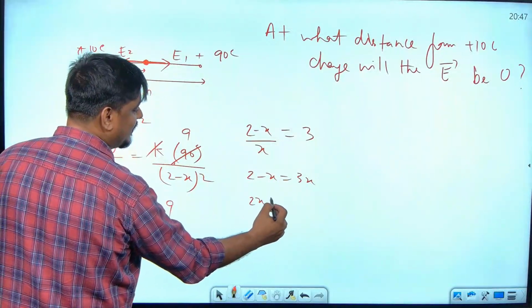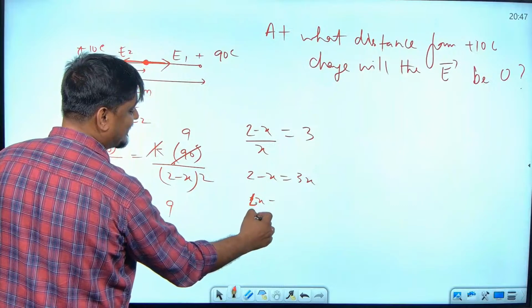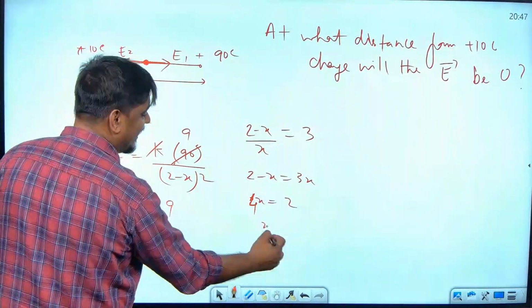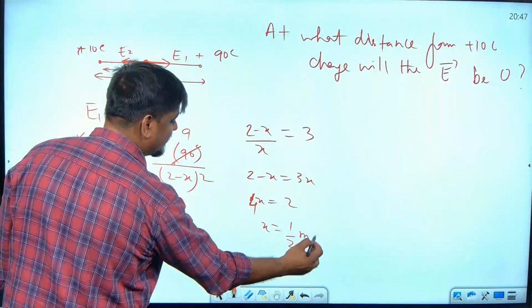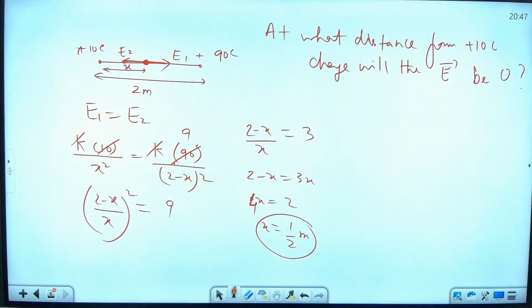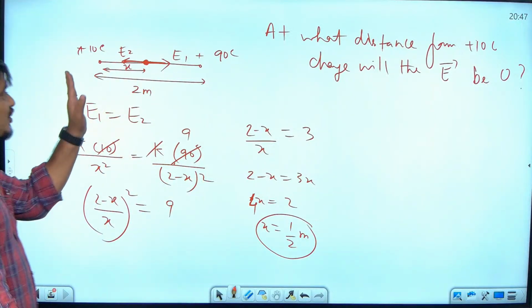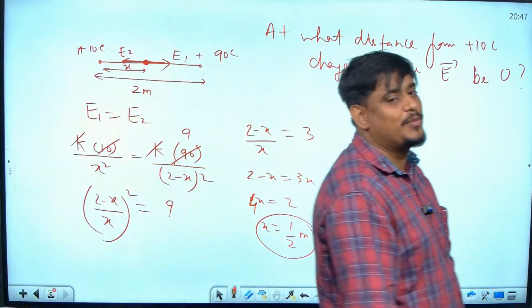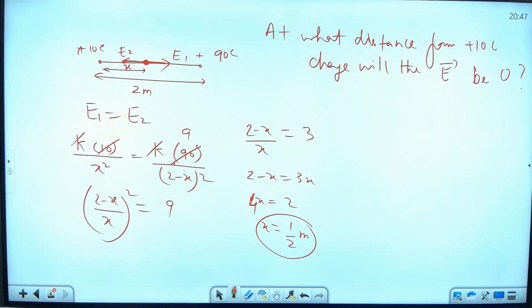So 4x is equal to 2, x is equal to 1 by 2 meter, that is 0.5. So 0.5 meter from 10 coulomb charge, the electric field will be 0.